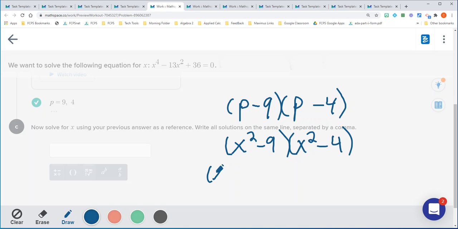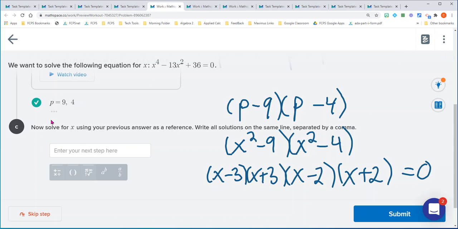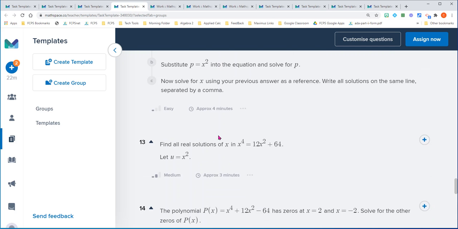And I can either continue factoring this or, okay, whew, all right, so now we've got x equals 3, negative 3, 2, negative 2. Yay!